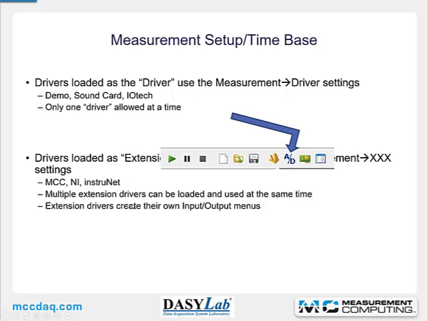You can use multiple extension drivers at the same time. So as you saw, I had both National Instruments and measurement computing loaded. If I had any data translation devices, they would have been loaded. So you can work with multiple devices using similar functions in the same worksheet. Extension drivers create their own input-output menus, as well as their own measurement menus.